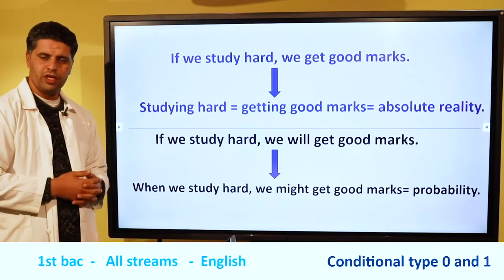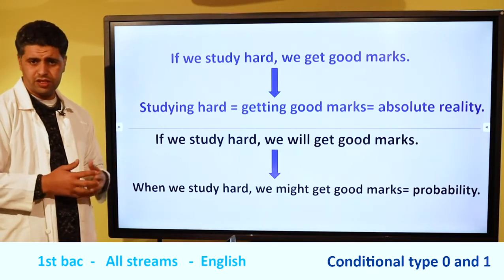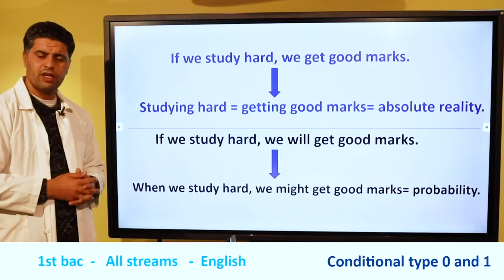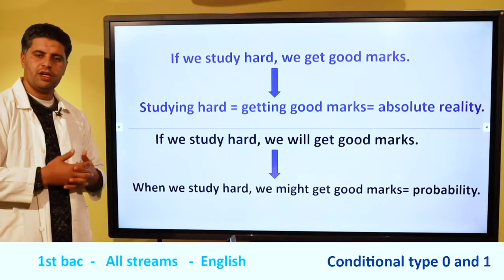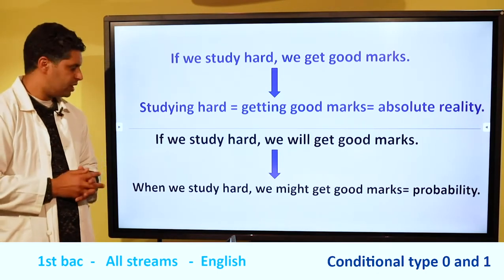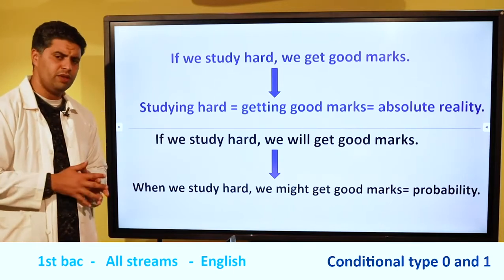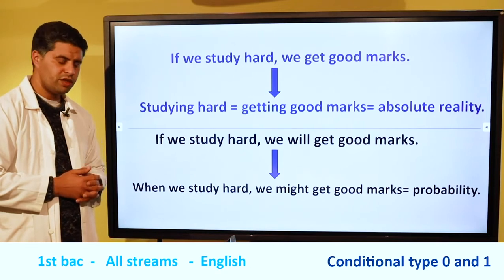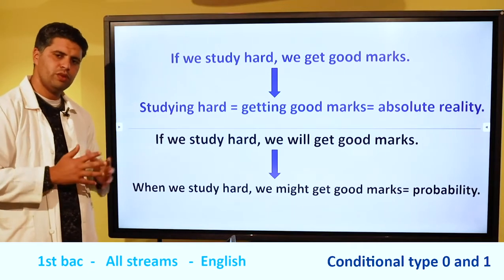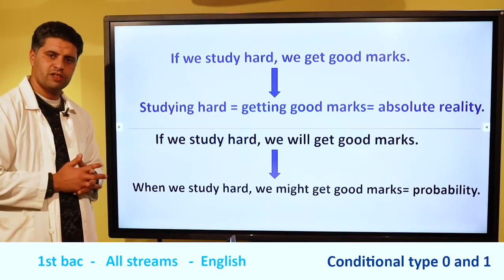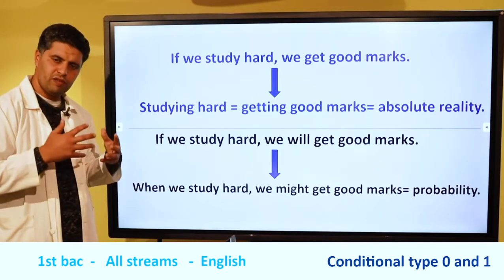So here, we express probability. It is just a possibility or uncertainty. It means that we are unsure whether this action, which is getting good marks, will happen or not. So this one is different from the first one. In the first one we have a truth, a fact, something that we are very sure of.